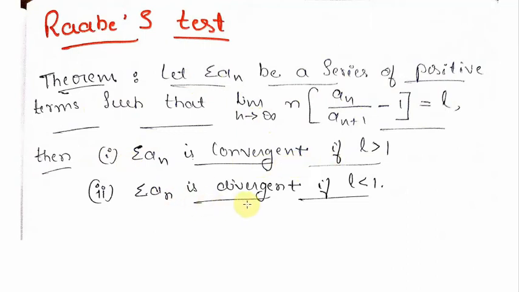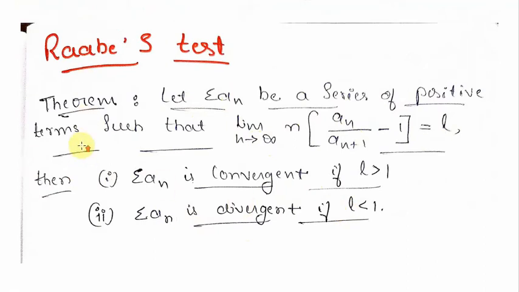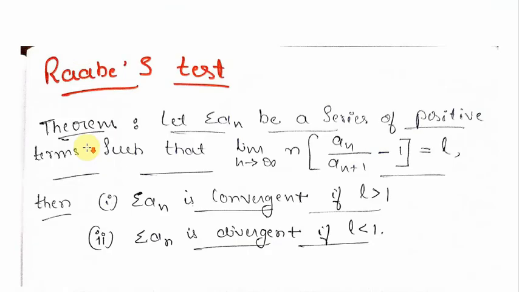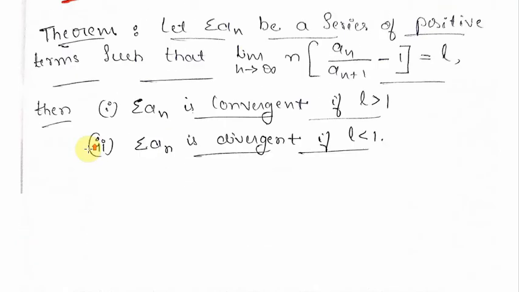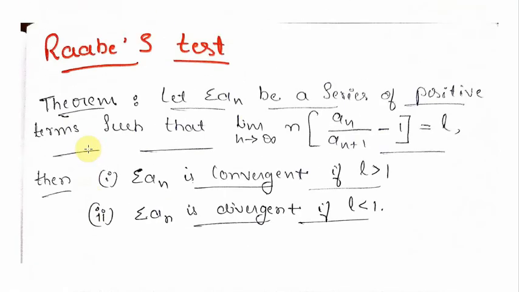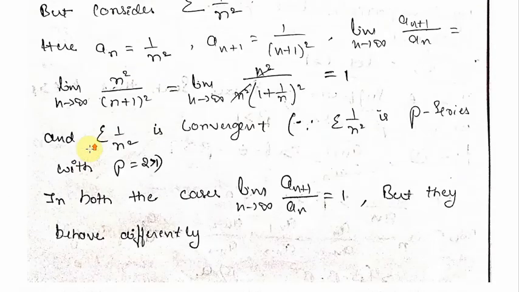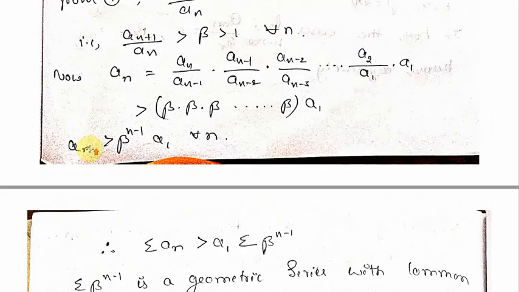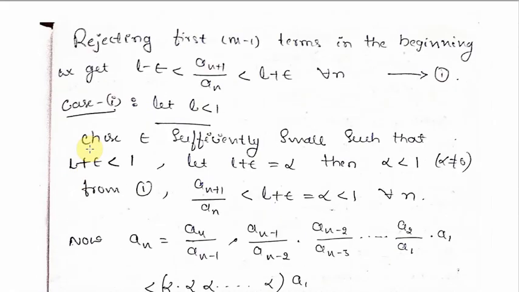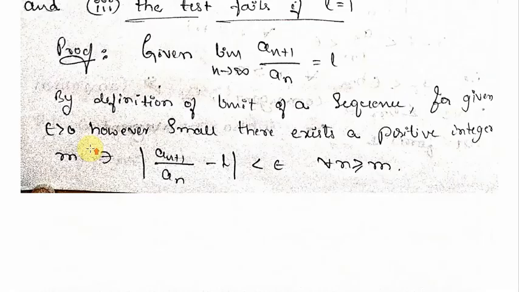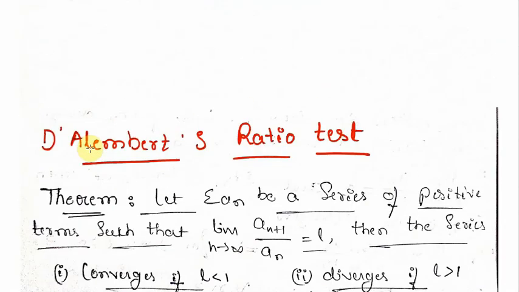Sigma a_n is divergent if L less than 1. This test is applied usually when ratio test fails. So these are all the tests which we use to predict the nature of the series. We shall do problems related to these tests in the later classes.